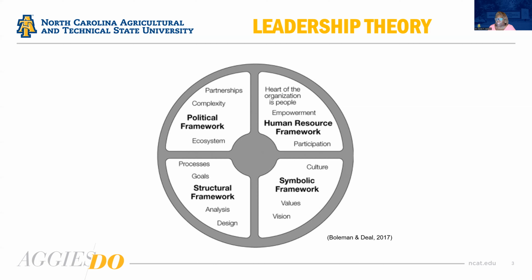But the leader can only be referred to in the context of who the leader is serving. So we need to think about ethics and leadership in the context of some type of framework for our leadership approaches. So the Bolman and Deal framework is one.